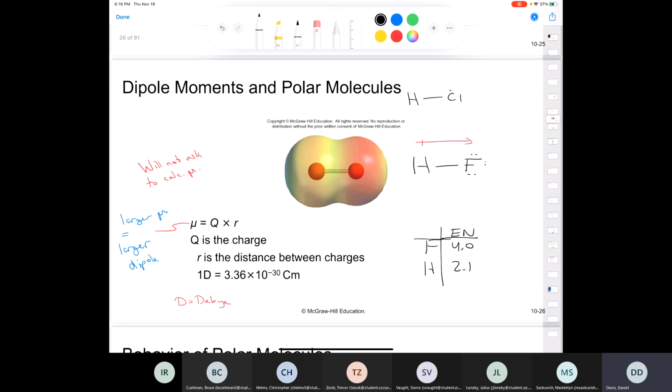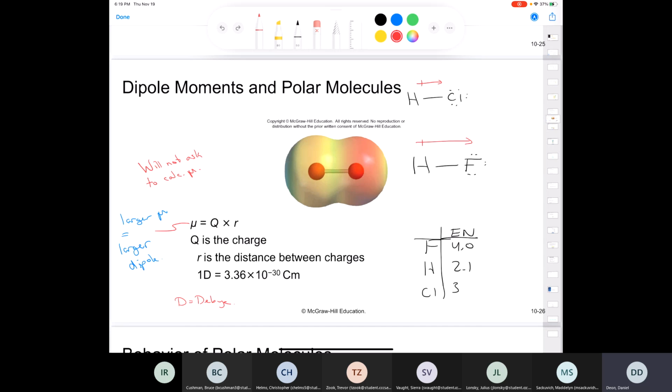There's still a dipole because chlorine is more electronegative than hydrogen, but it has an electronegativity value of around 3. So there's going to be an unequal sharing, but the dipole is not going to be as strong. And so the mu, or the dipole moment, here would be smaller than the dipole moment between H and F. That's all it really means.